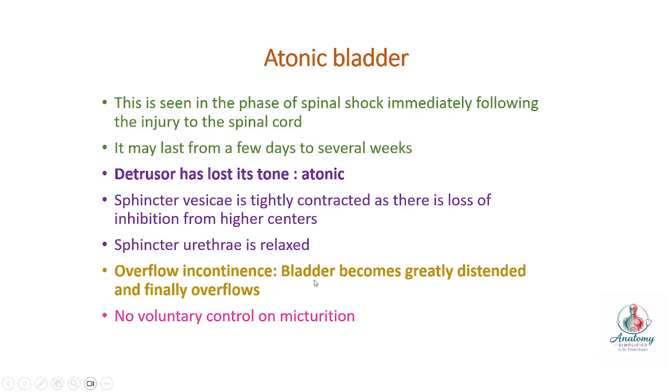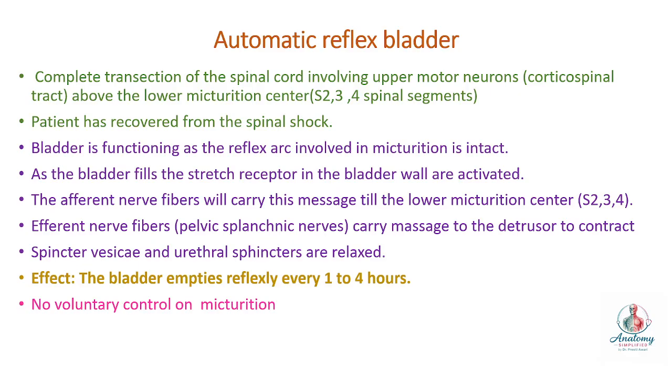I hope you understood. This is seen immediately after the injury to the spinal cord, in the phase called spinal shock. Now what happens after this? The second phase is automatic reflex bladder. Here the patient has recovered from spinal shock. Where is the injury here exactly?